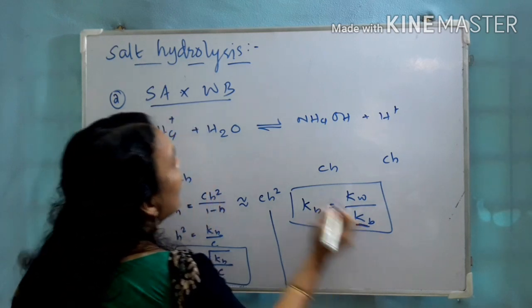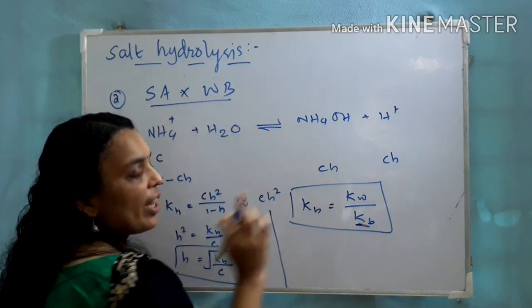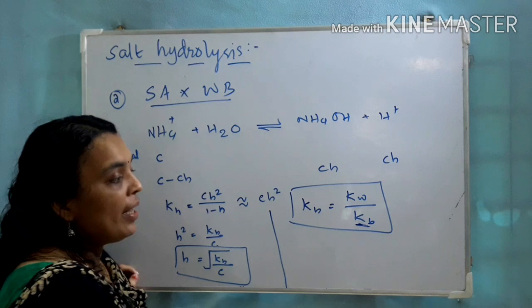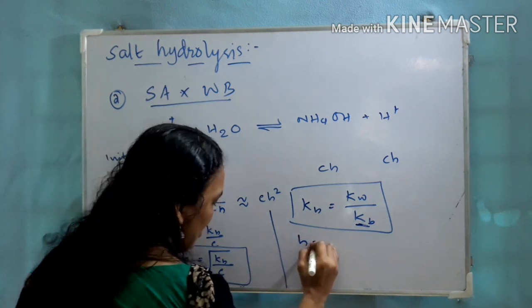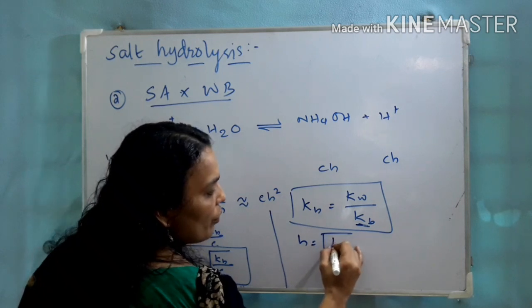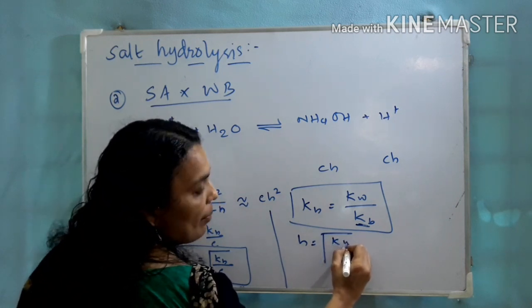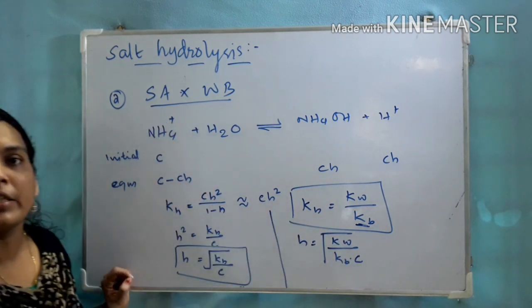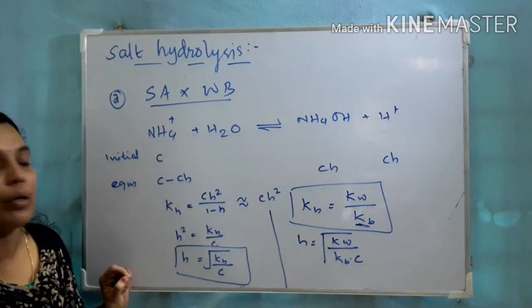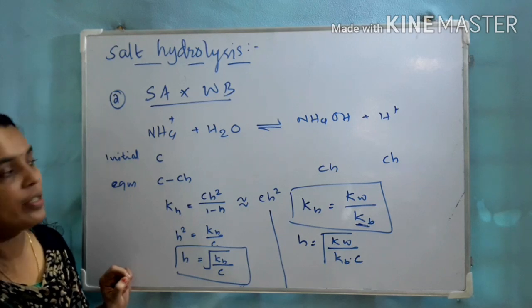Remember, we are taking a weak base here, so Kh is equal to Kw by Kb. So substitute the value of Kh here. We have h is equal to root of Kw by Kb into C.